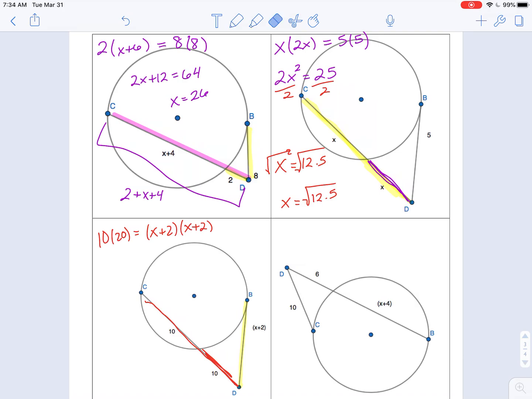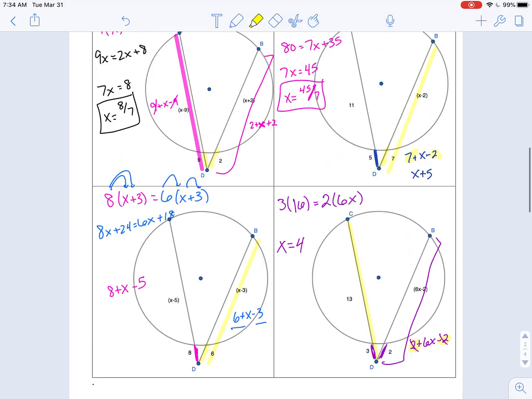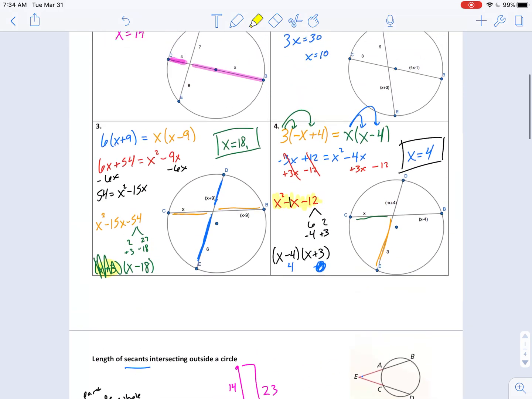What's x plus 2? And the whole secant is x plus 2. So I've got 200 equals x squared plus 4x plus 4.